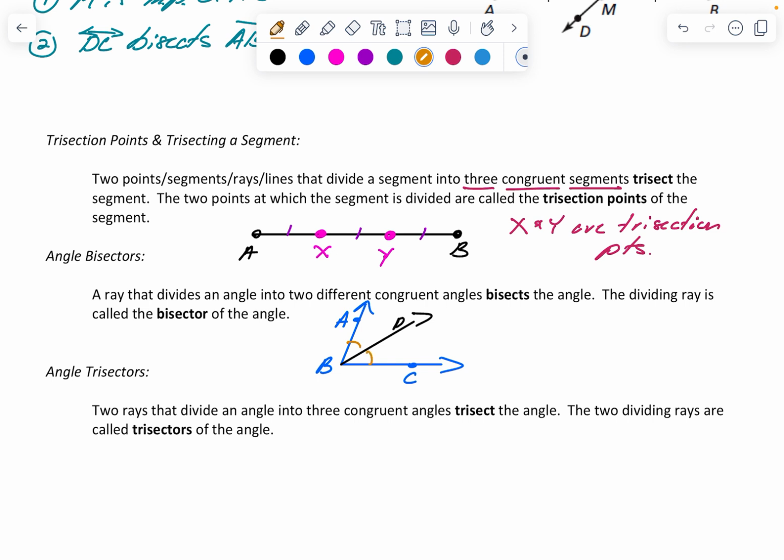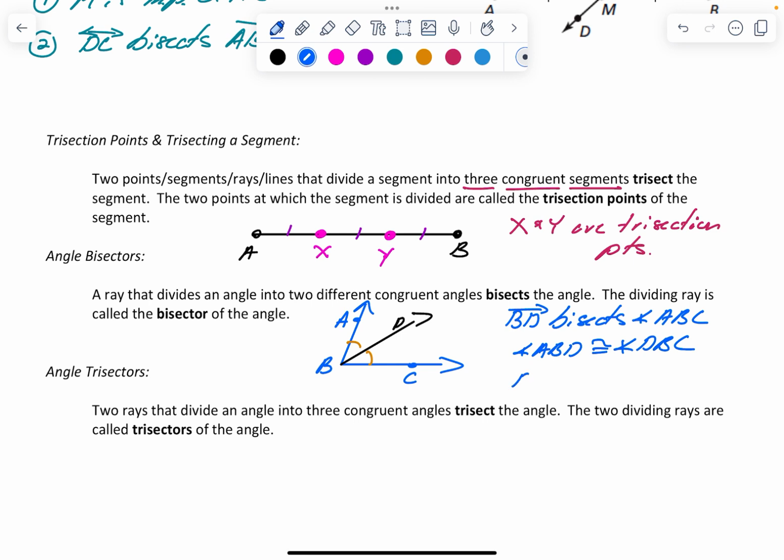So we would say that BD bisects angle ABC. And this means that angle ABD is congruent to angle DBC. And we would say BD is the angle bisector.